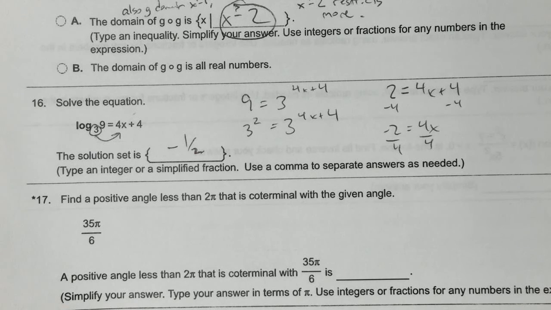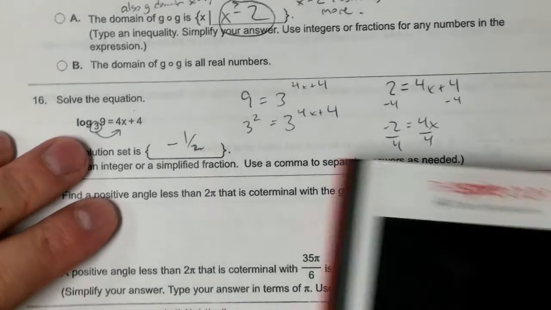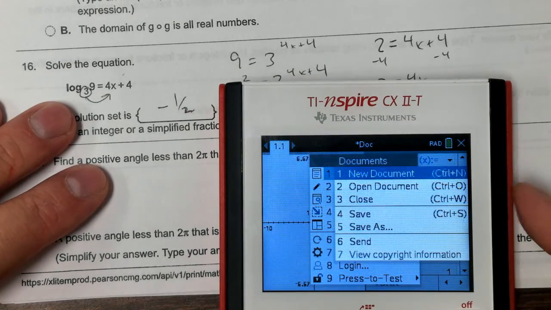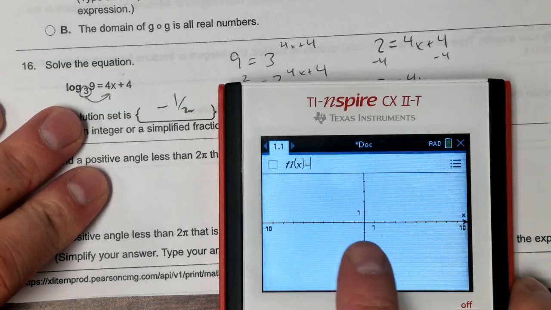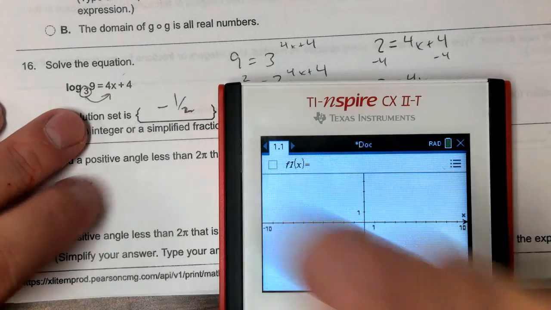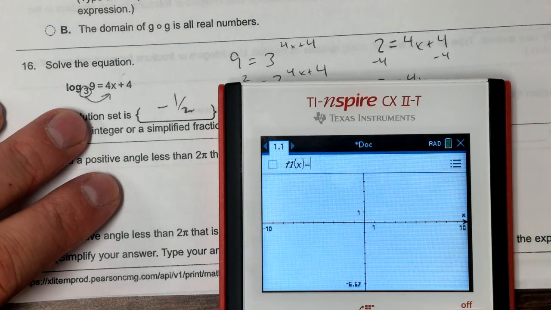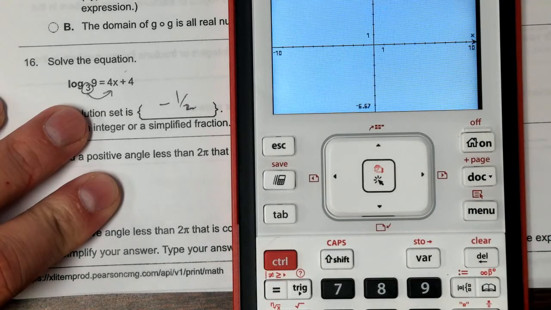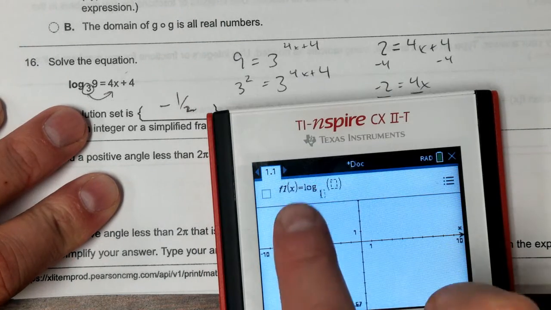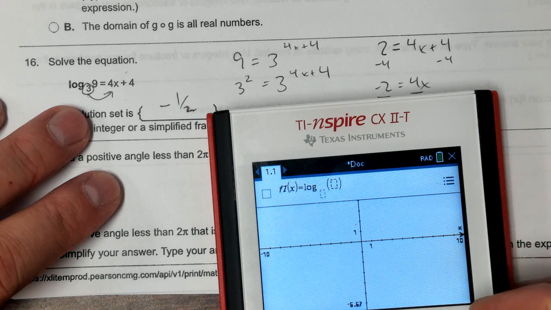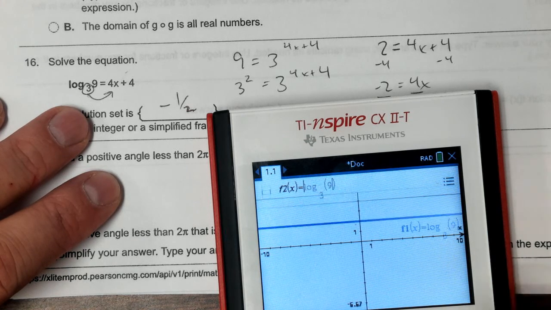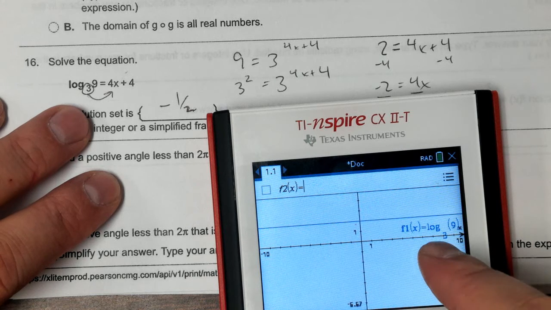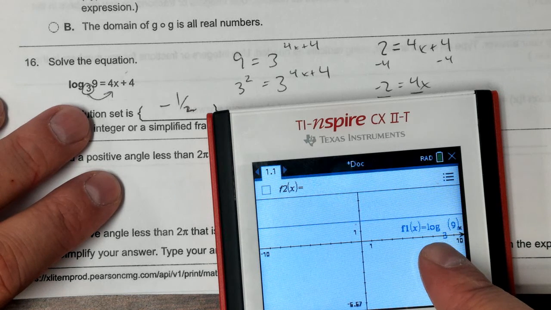The other way to do it, if you really needed to do it this way, is like this. Graph it and make your left side log base 3 of 9. So I do control 10 to the x. So there's your log. You're able to type in your base and your 9. Now that's just a horizontal line because there's no variable involved for the left side.